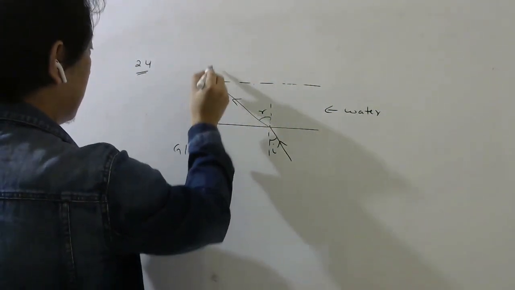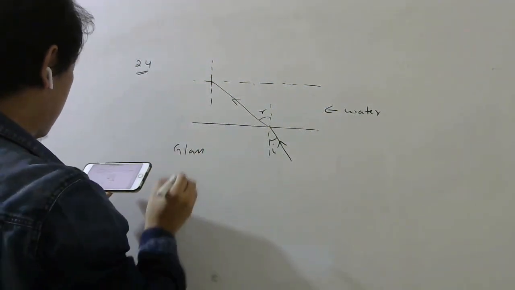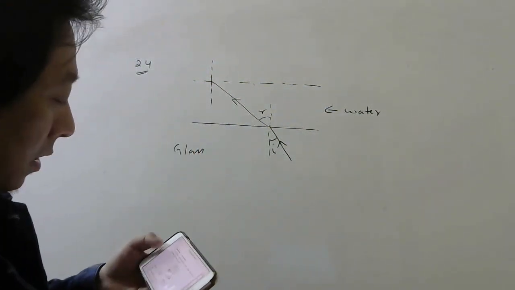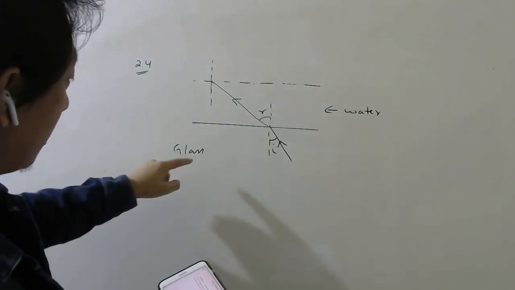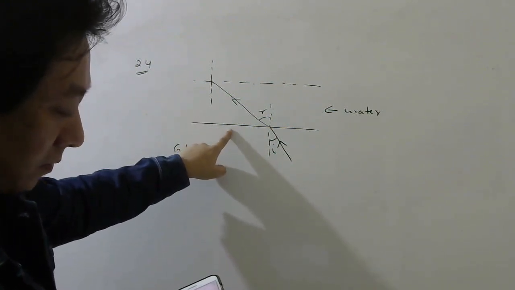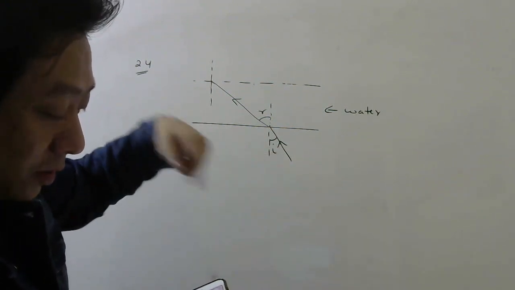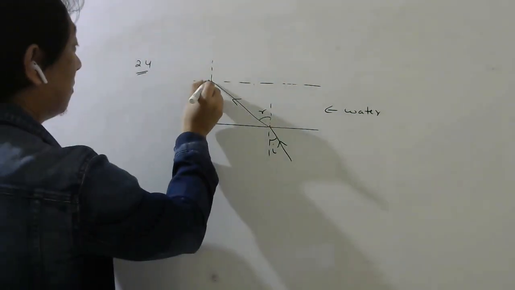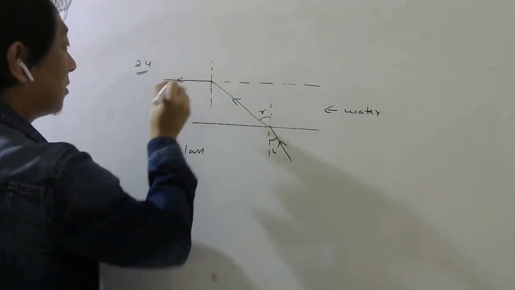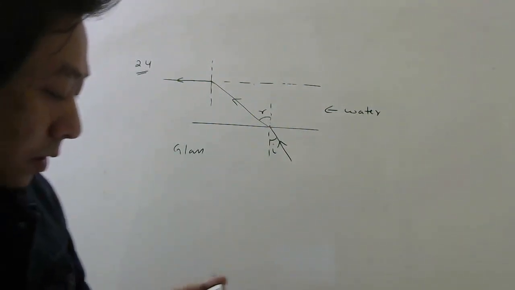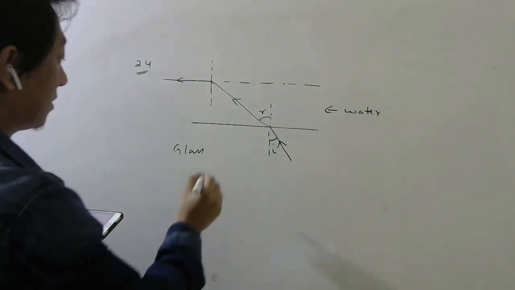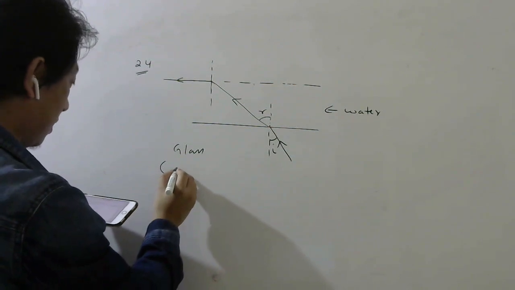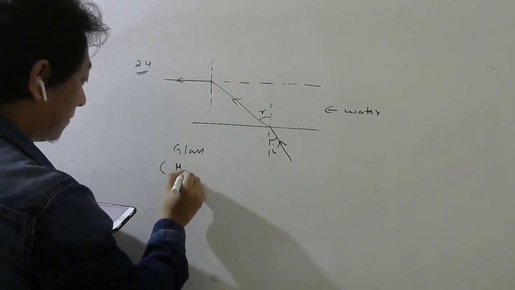And then here it is again denser to rarer, but what they told is, a ray of light is incident at the glass-water interface here at an angle i. It emerges finally parallel to the surface of water. Meaning it emerges parallel to the surface of water. The value of mu g they are asking. Mu g here means the refractive index of glass.